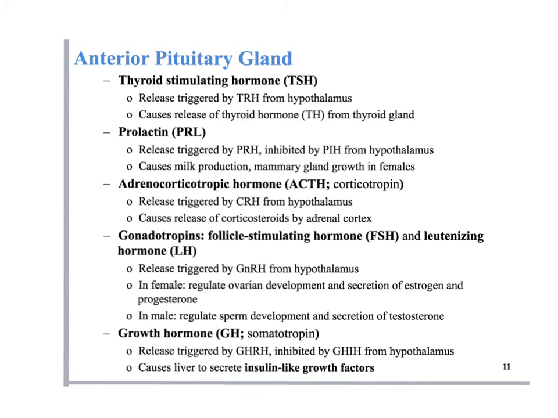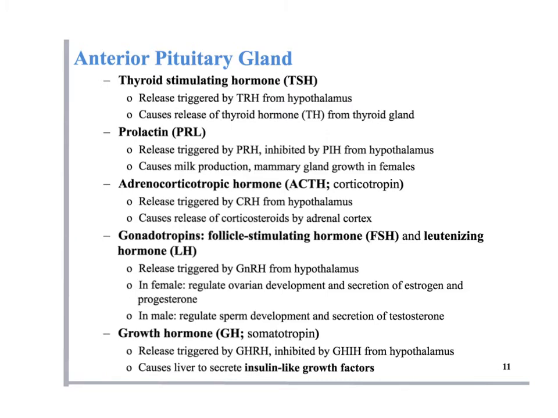And then gonadotropins, including FSH, follicle stimulating hormone, and LH, luteinizing hormone, which act on the testes and the ovaries. All right, and then growth hormone, also called somatotropin. Okay, and each of these, I'm not going to go through them right now, because we're going to go through them in a little bit more detail as we go through here.